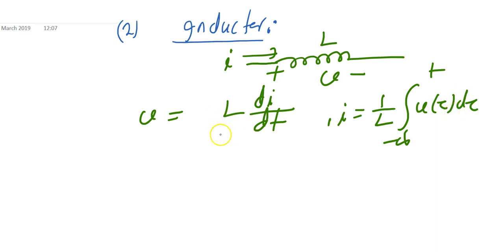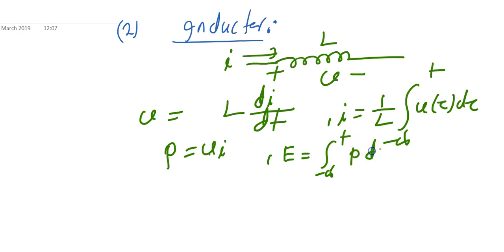It's a very basic relation. So P equal to VI, and energy stored in the inductor is the integration of P d tau. We have a relation for energy calculation, or energy stored in the inductor.